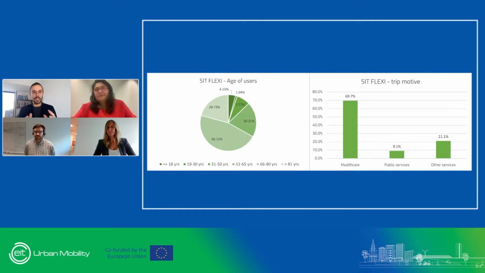What we see in this project in Coimbra in Portugal is that the age of users was predominantly above 66 years old. So I think it's about 2/3 were 66 or above. And the motive for using this service was to get to a healthcare destination, which predominantly, again, 70%. So I think that's also quite interesting to start understanding the kind of uses.